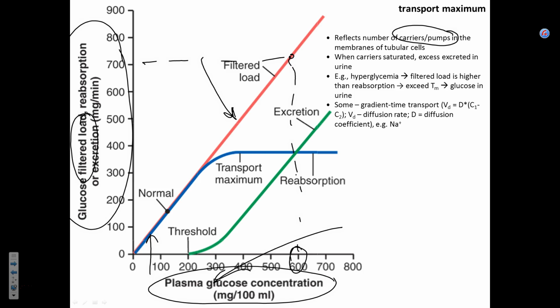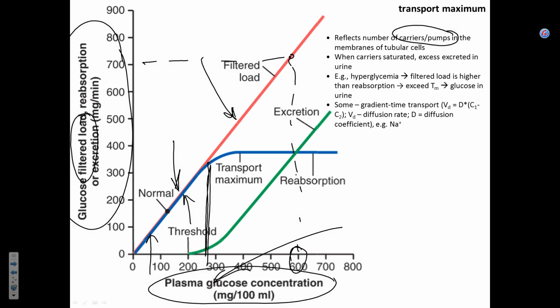Glucose, is it reabsorbed? Yeah. Bingo. So if you are in the range, until 250 milligrams per 100 ml, all glucose that is filtered, the red line, will be reabsorbed, the blue line. Does that make sense?